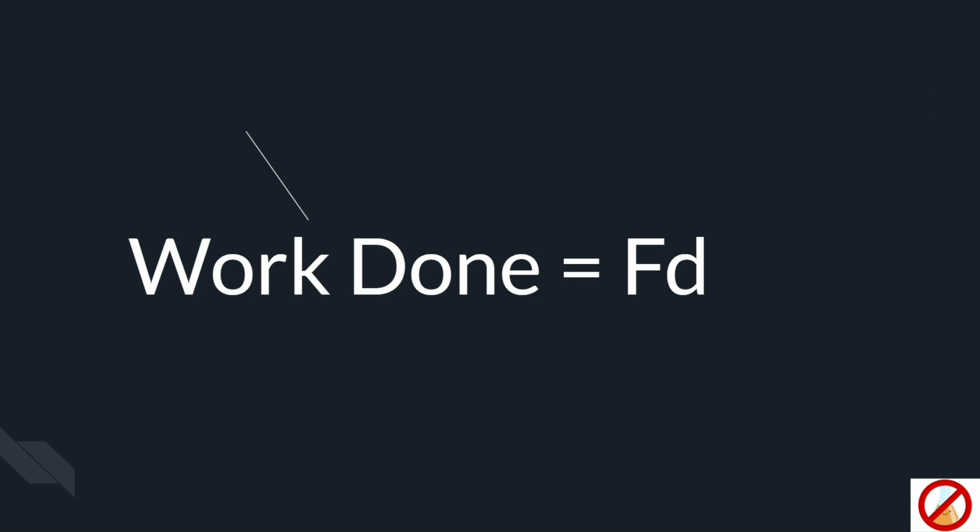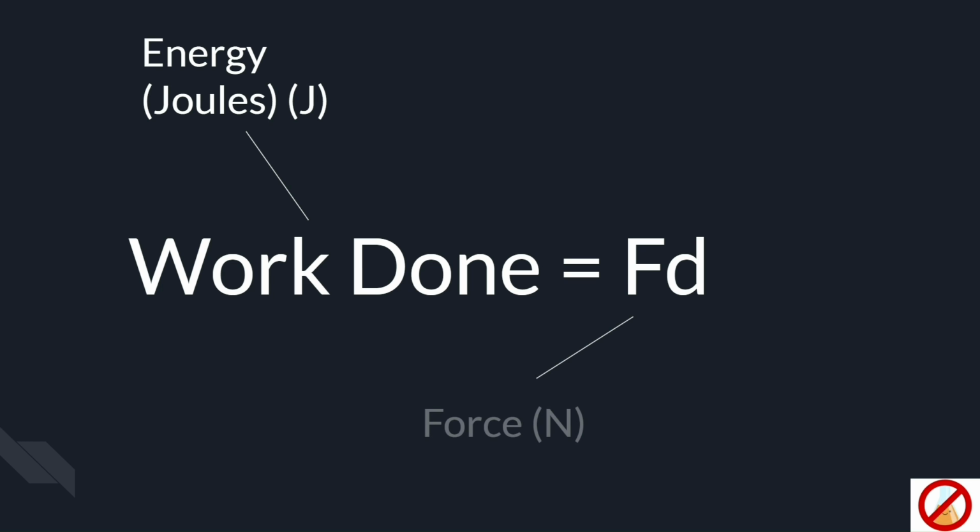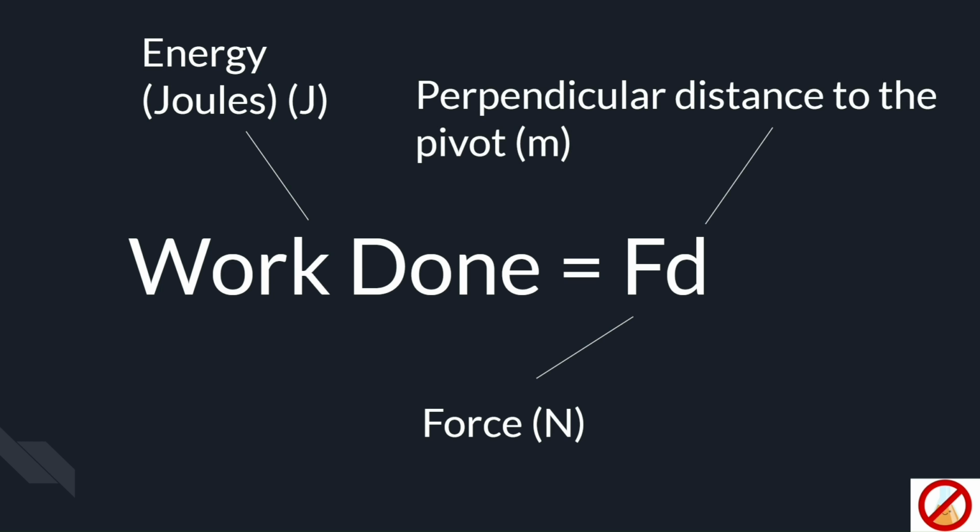I hope you've labeled this formula. So let's go through it. The work done is basically energy, and the unit will be joules, which we simplify as J, and F will be force, which the unit is in newtons, and D will be distance, perpendicular distance to the pivot, which will be in meters.